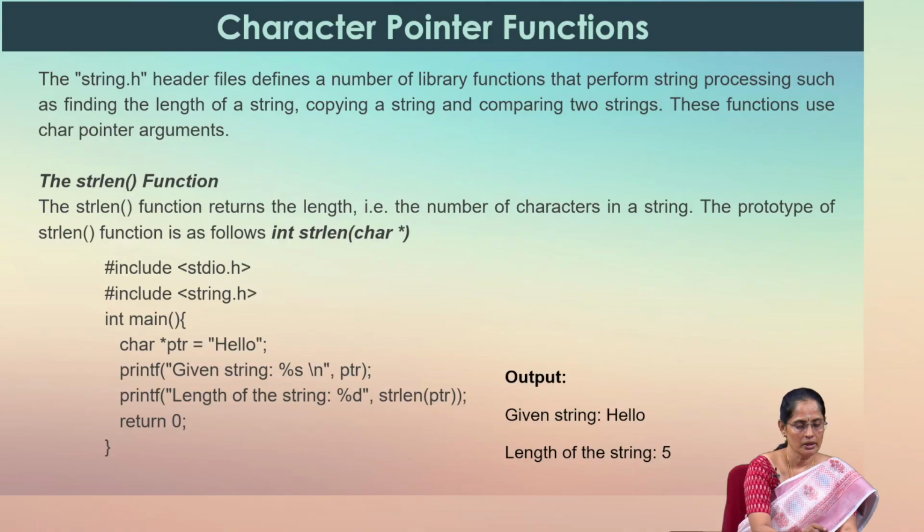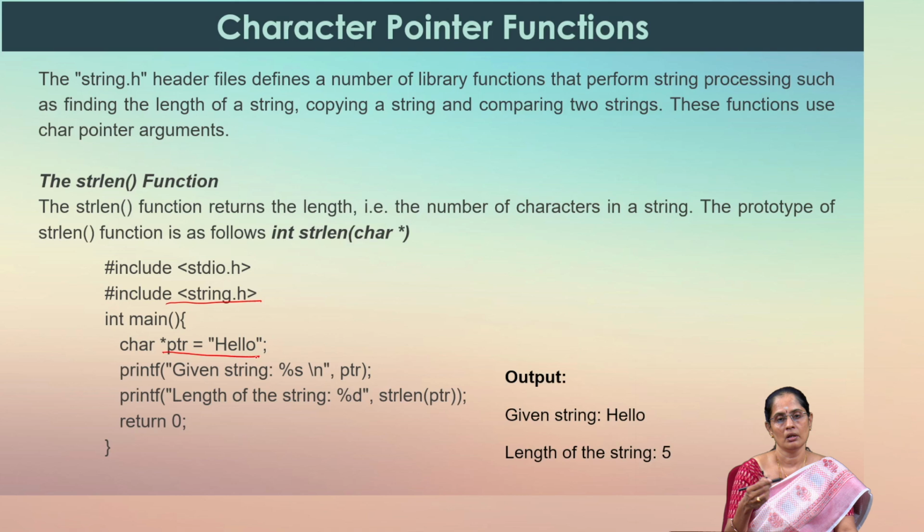So, what is actually being done: I am including the header file string.h. In the first example, we will see how we can use string handling functions with pointers. I am declaring a pointer type variable pointing to the string hello, and using %s I am displaying the value of ptr.